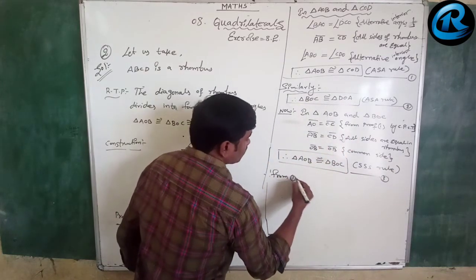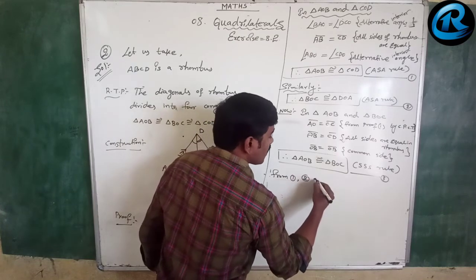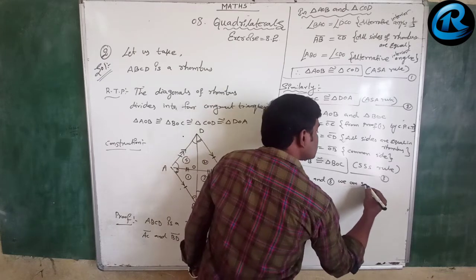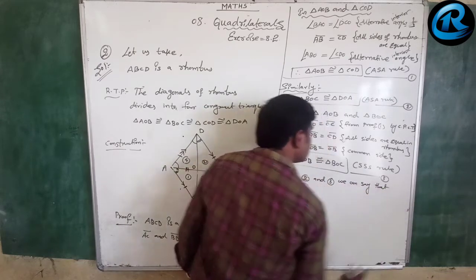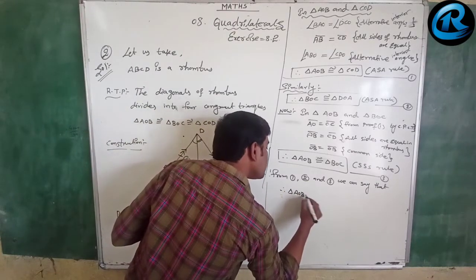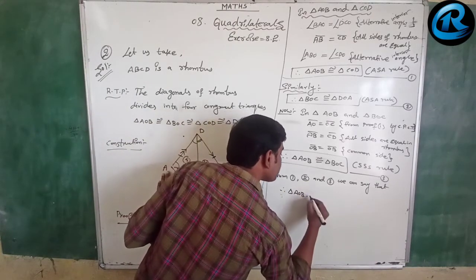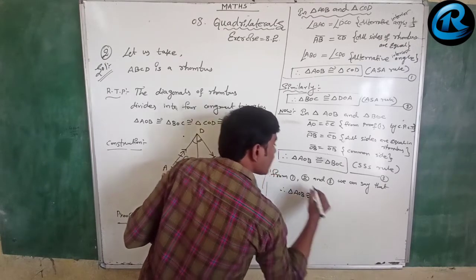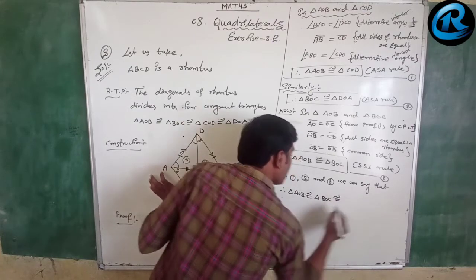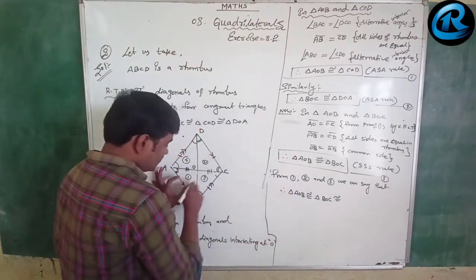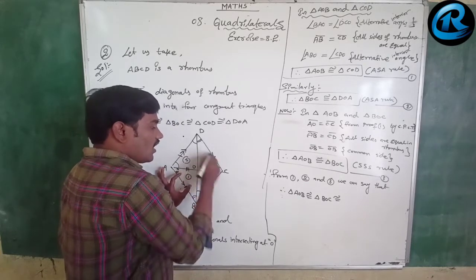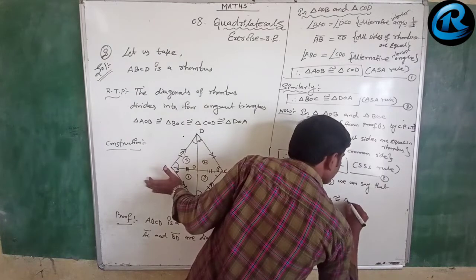From equation number 1, 2 and 3, we can say that triangle AOB is congruent to triangle BOC, and this AOB is congruent to triangle COD.